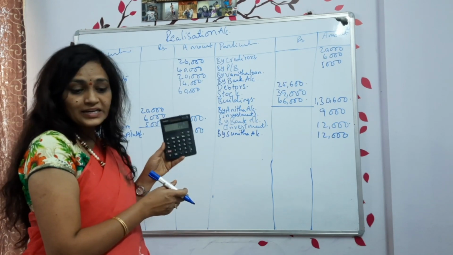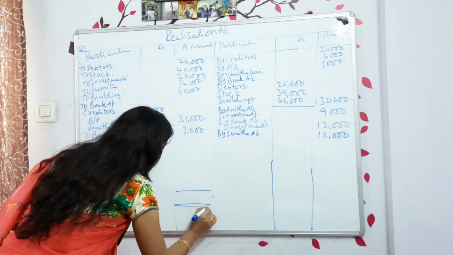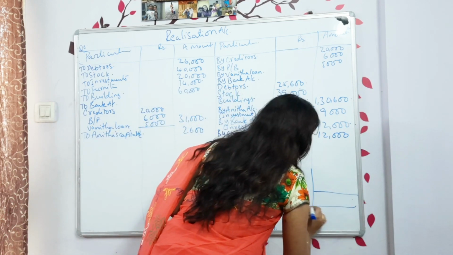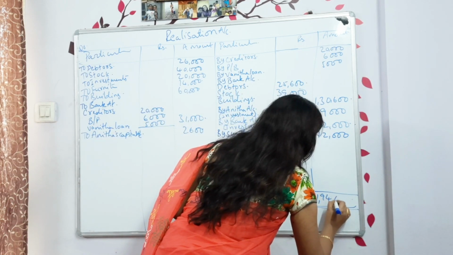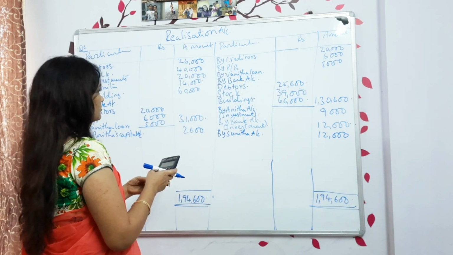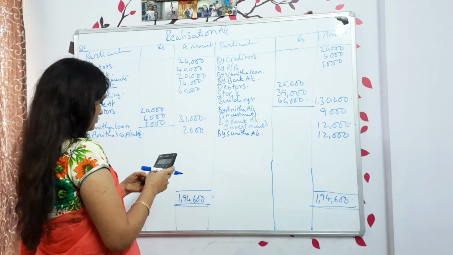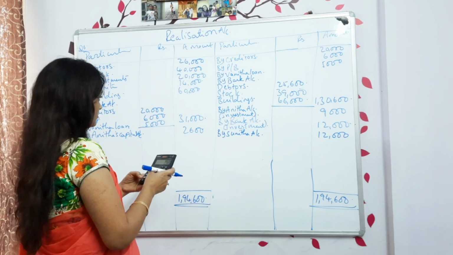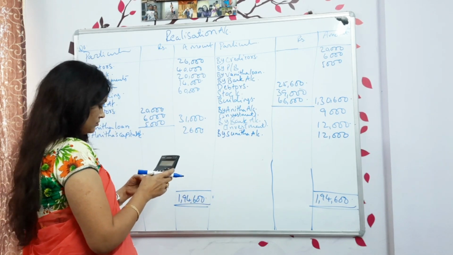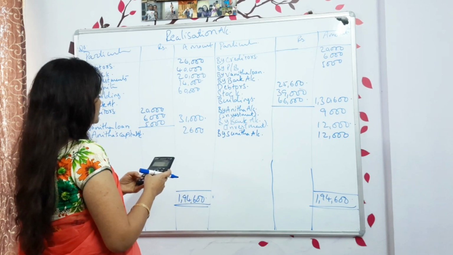It is 1,94,600. Okay? Total on both sides, it is 1,94,600. Let's subtract 2,600. It is 1,000. Okay, I will cross check once again.